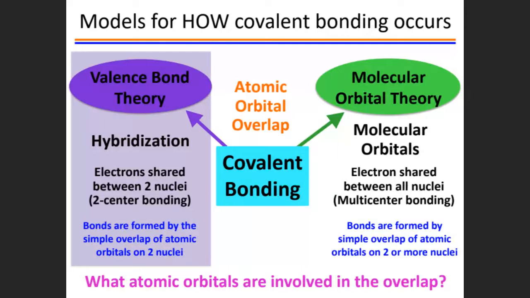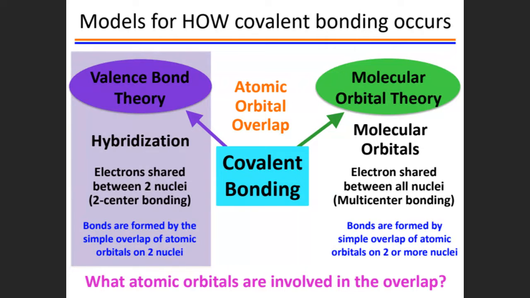Hybridization is the combination of two or more orbitals to form a new orbital that has more unique character and more stability.